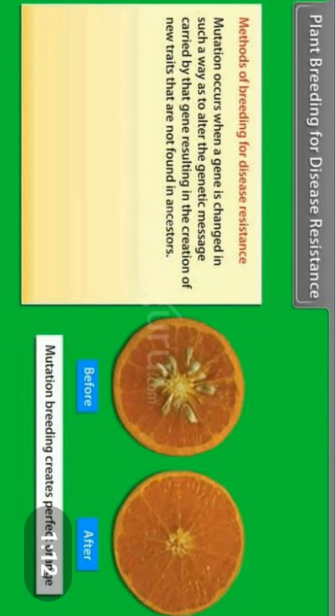The various sequential steps included in this conventional breeding method are: first, screening of germplasm for resistance sources; next, hybridization of selected parents; next, selection and evaluation of the hybrids; and testing and releasing of new varieties. This is the last step.